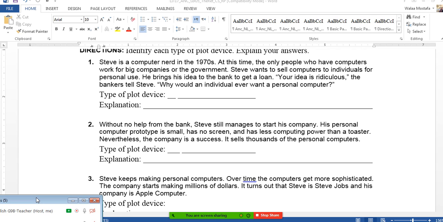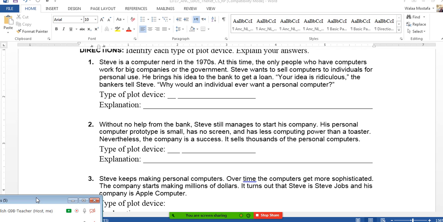Steve is a computer nerd. In the 1970s, at this time, computers were used only by people who work for big companies or the government. Steve wants to sell computers to individuals for personal use.